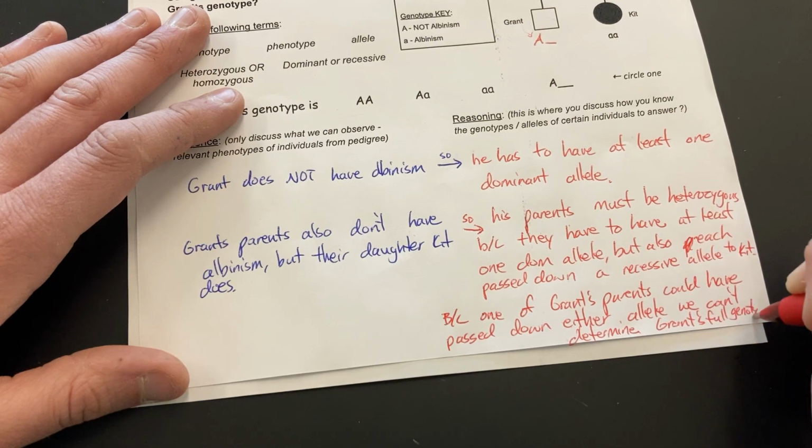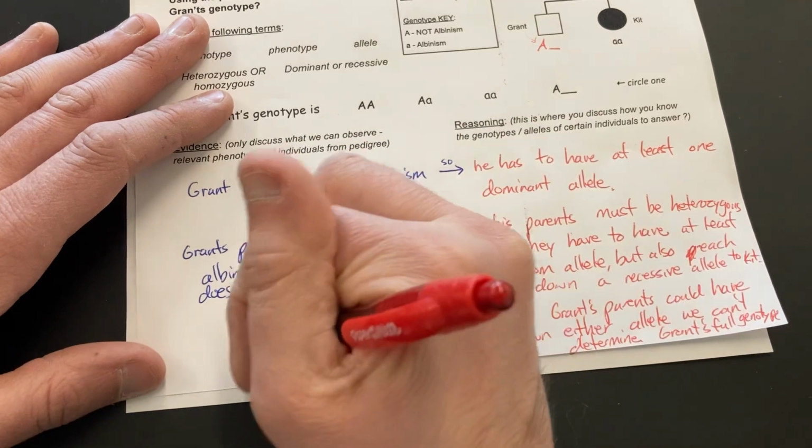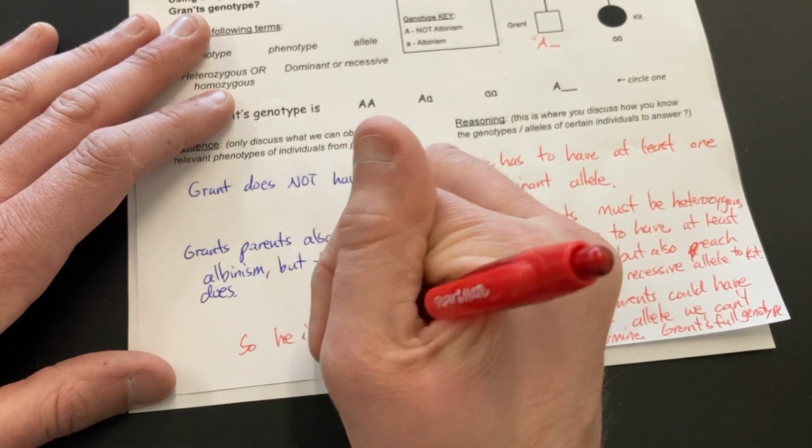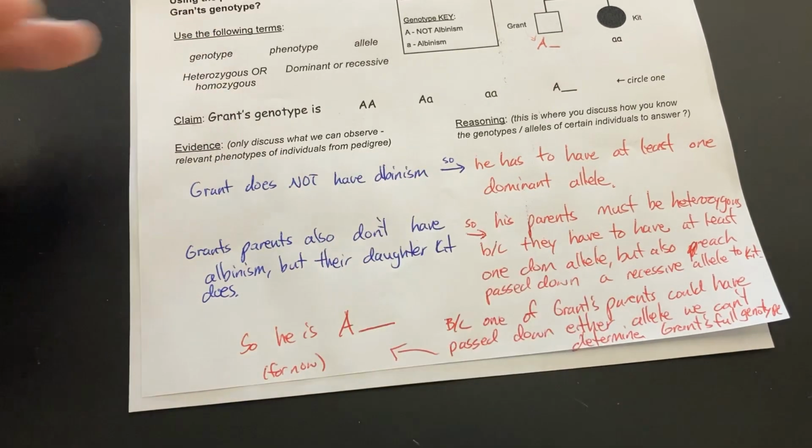Ooh, I'm running out of room here. All right, we can't determine his full genotype, so he is big A dash, at least for now. All right, and maybe if we got more information, we could figure that out.